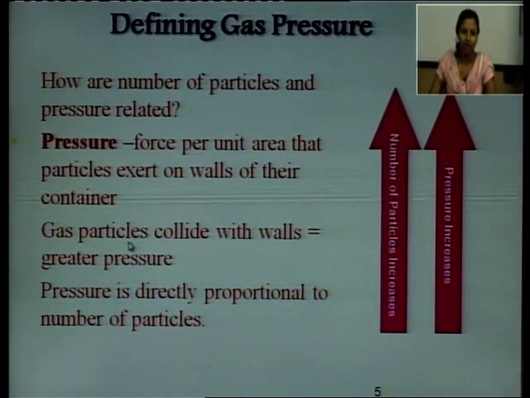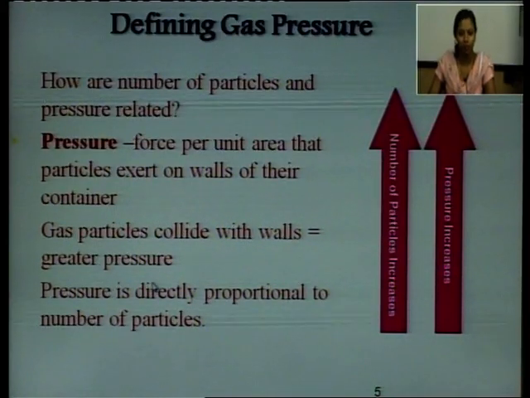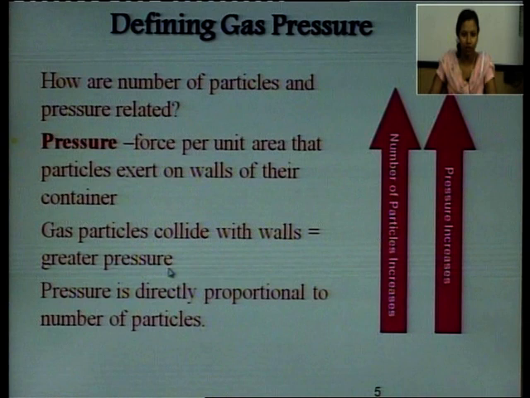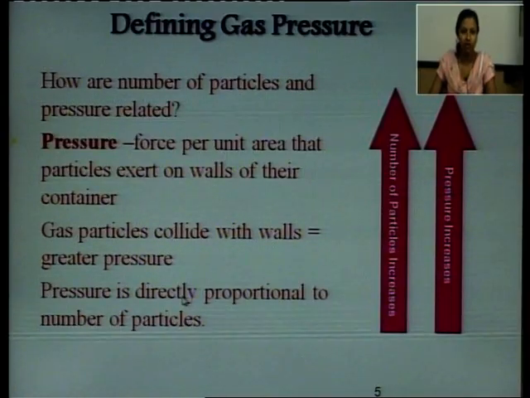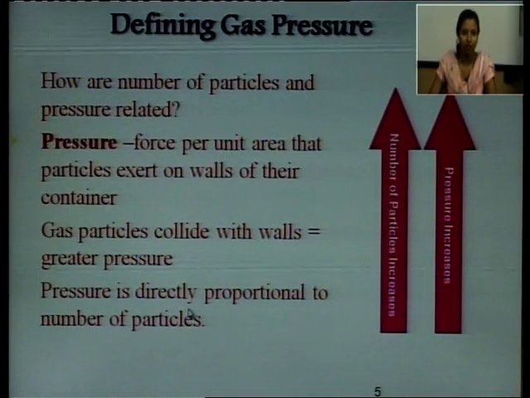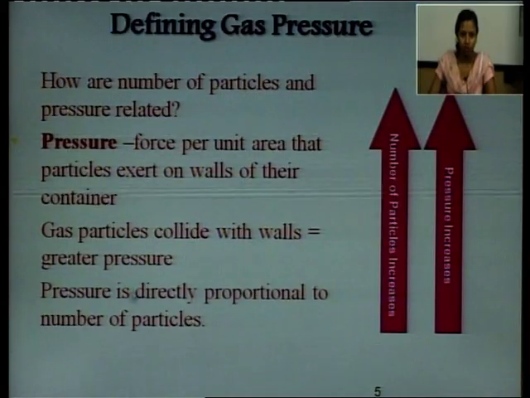If more gas particles are there, then there will be more pressure compared to when there are fewer particles. So, pressure is directly proportional to the number of particles. The more particles, the more the pressure of the gas. So, the number of particles and pressure are directly proportional to each other.